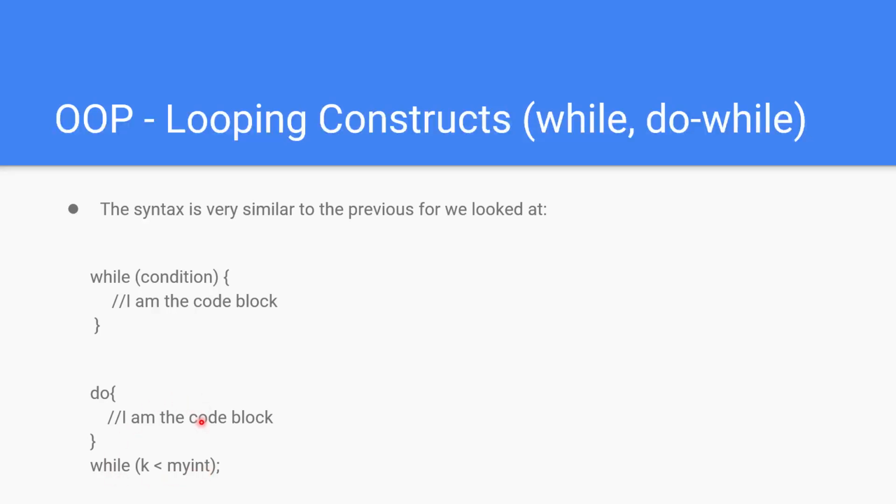The difference is the code block runs first and then the condition is evaluated, where here the condition is evaluated to see if the next iteration of the code block should run. And again, these are very, very similar to other programming languages. The major difference with the do-while loop is that you can always guarantee that the code block will run at least one time.